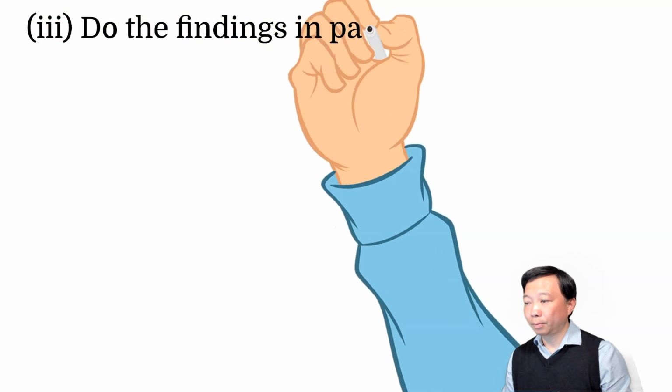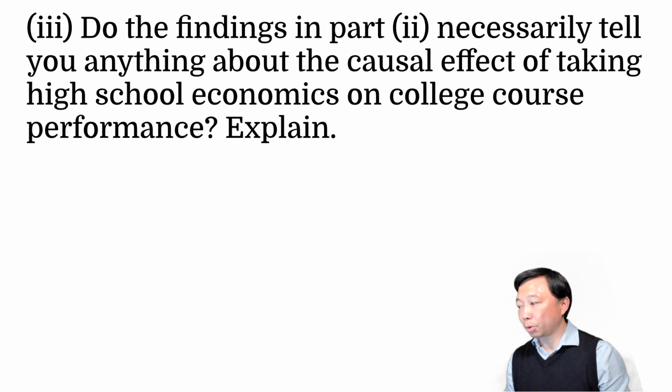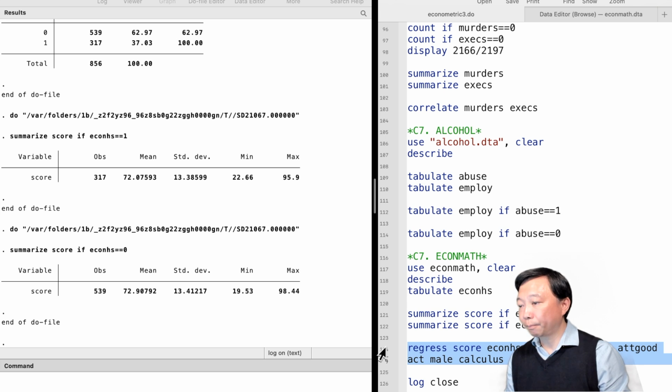The third question: do the findings in Part 2 necessarily tell you anything about the causal effect of taking high school economics on college course performance? Explain. No, the findings do not tell me the causal effect of taking high school economics on college course performance because many other factors could affect the student's college course performance and whether she took an economics class in high school.